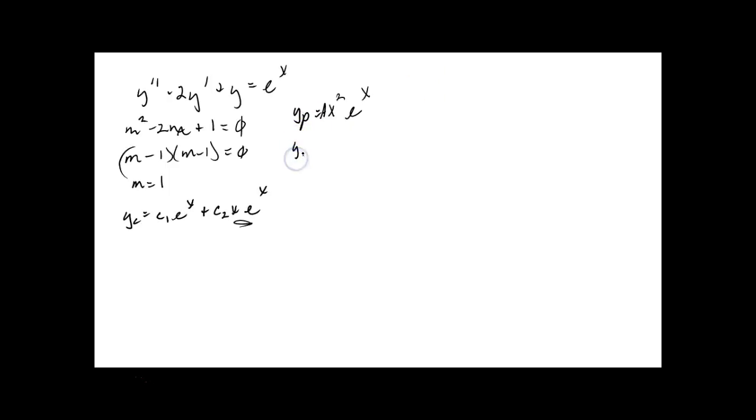So yp prime would be, ooh boy, 2a x e to the x plus a x squared e to the x. Okay? I'm going to simplify that slightly to make it a e to the x times 2x plus 1.